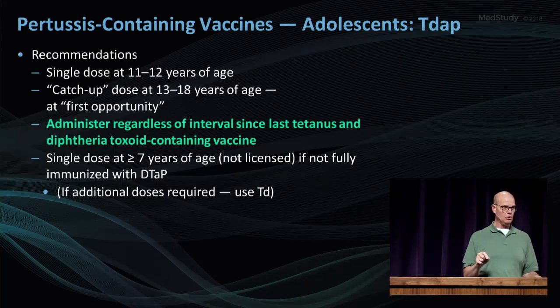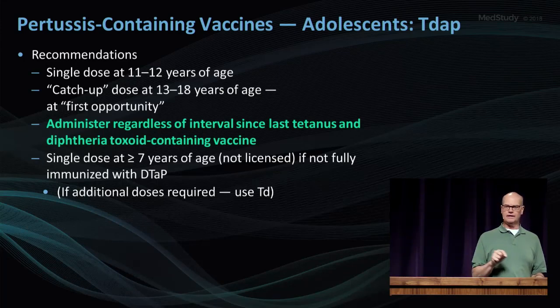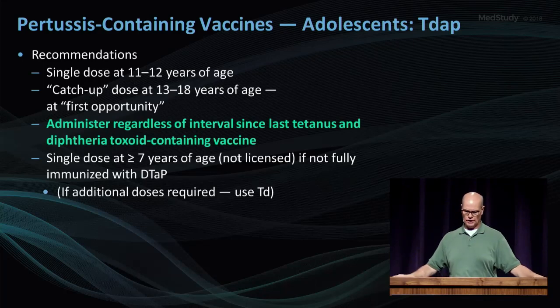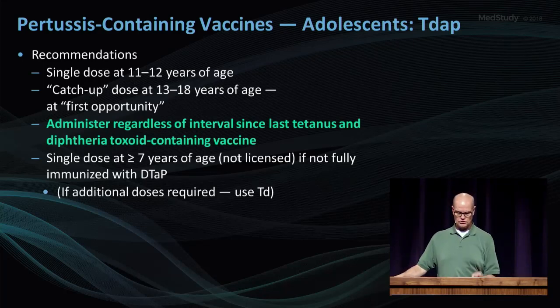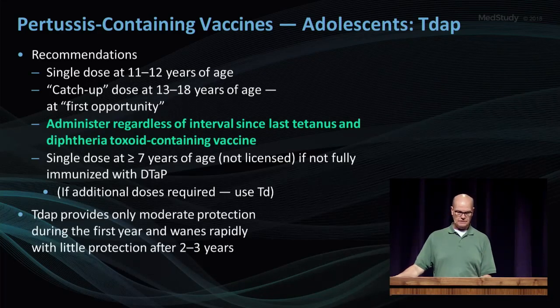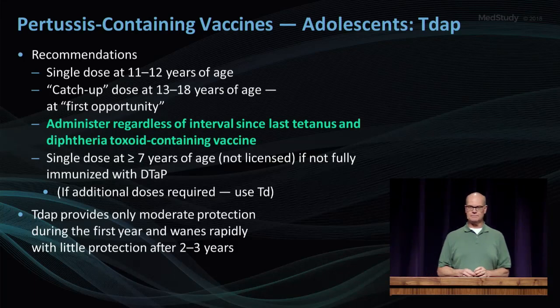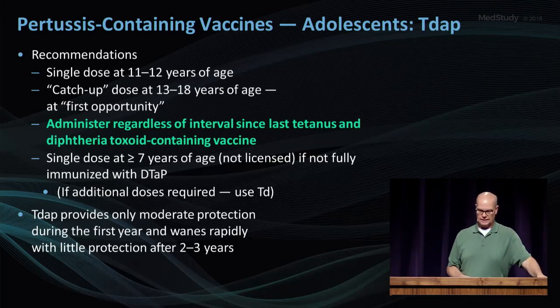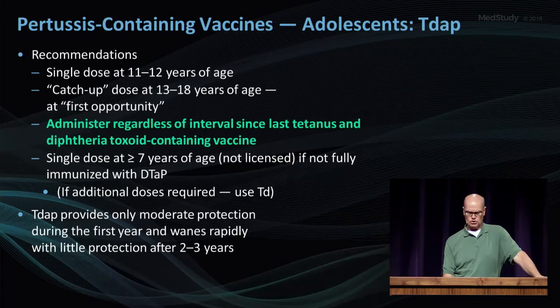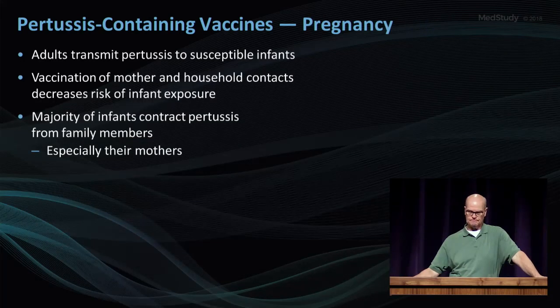That's off-label, but that is included in the Red Book, and I think that's fair game to be asked on your boards. So that's the one exception to using Tdap below 11 years of age. And Tdap, unfortunately, is not the best vaccine, and it really only provides moderate protection for 2 or 3 years.